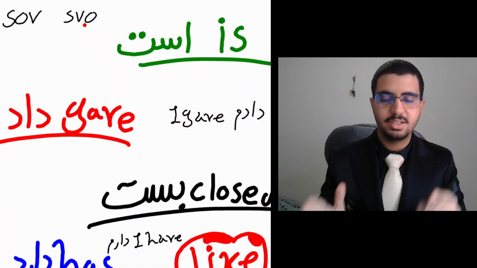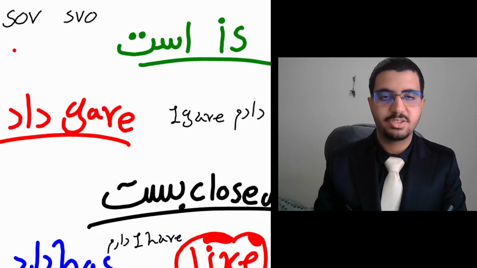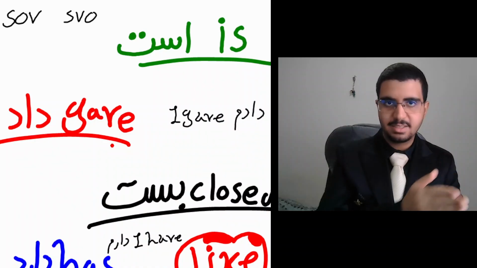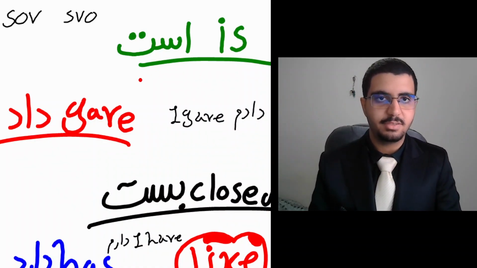But in Persian, the order that we go with is SOV. The verb comes at the end, and the object comes before the verb and after the subject. So we can say abr abi ast. Abr abi ast. Now, keep that in mind, okay? That's really important. So here are some verbs that you have learned.